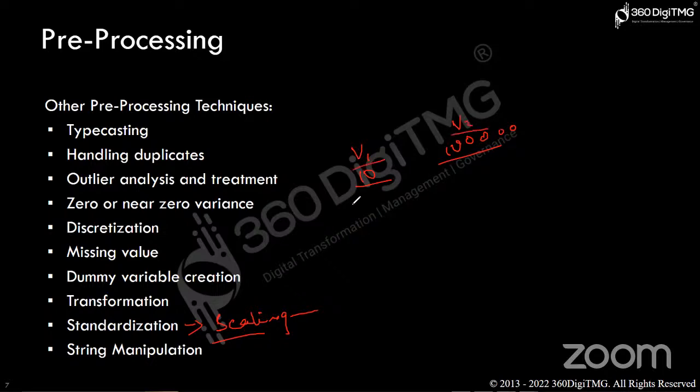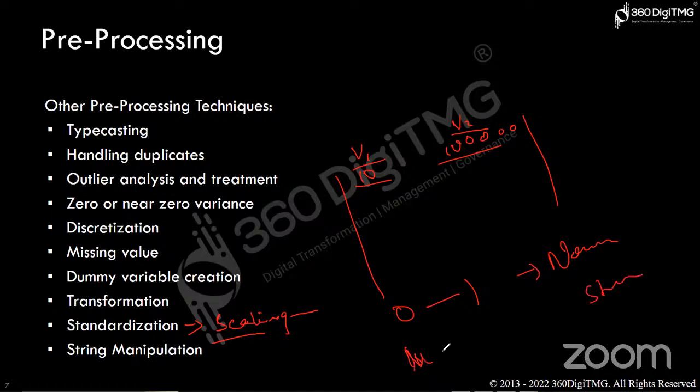But if values are like this, equal importance cannot be given. So we need to scale the data down to a certain range. Suppose 0 to 1, this is known as normalization. We also have standardization, in which mu will be 0 and sigma will be 1. Mu is the population mean, sigma is the population standard deviation. These two methods are there.